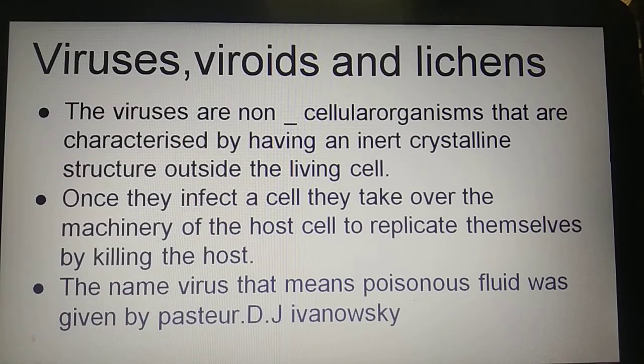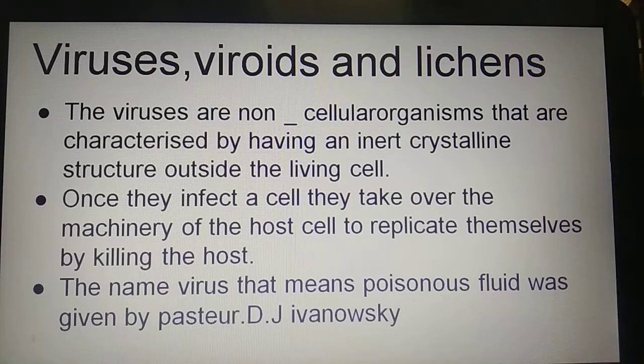Now students, the first one is the viruses are non-cellular organisms that are characterized by having an inert crystalline structure outside the living cell. Now you need to understand, I'm saying outside the living cell. That is, whenever they are outside the living cell, they have inert crystalline structure.